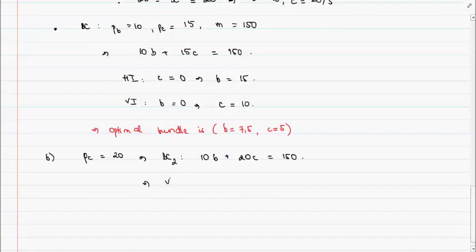My horizontal intercept is where I make C equal to 0, so therefore B equals 15, which is the same as before. Now the vertical intercept is where I make B equal to 0, so C is going to be 150 divided by 20, so that will be 7.5.